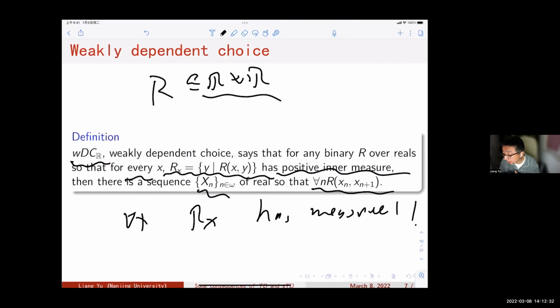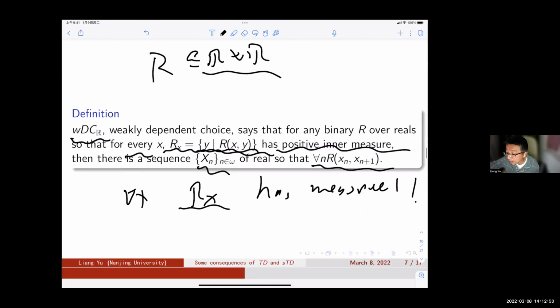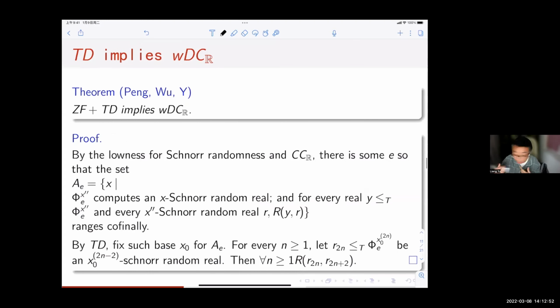Just because we can take the Turing closure, you can assume this set is closed under Turing equivalence. That means if it has positive outer measure, then the set is either meager or has measure 1.